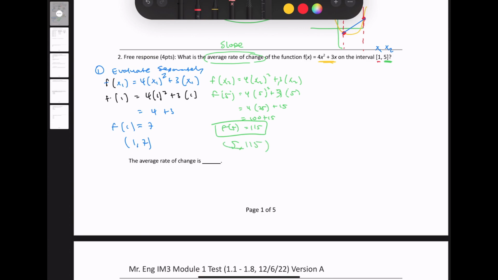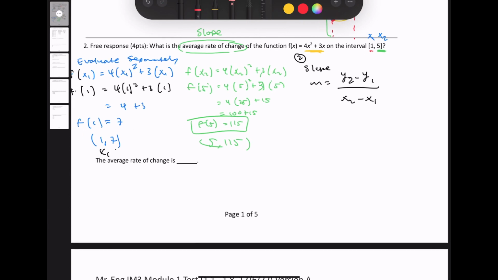And now we're going to use our slope, or average rate of change. M equals y2 minus y1 over x2 minus x1. This is x1, y1, x2, y2. And don't forget it has a minus sign. Use substitution with parentheses.